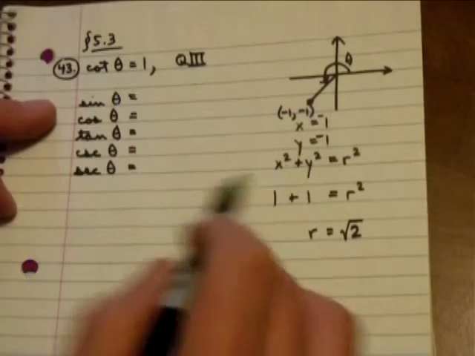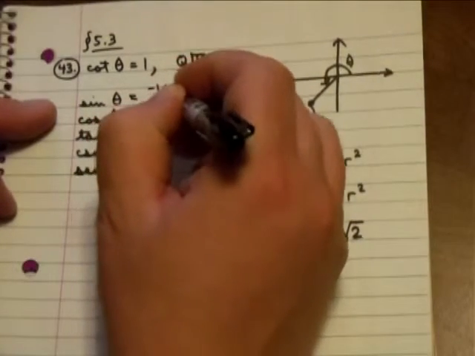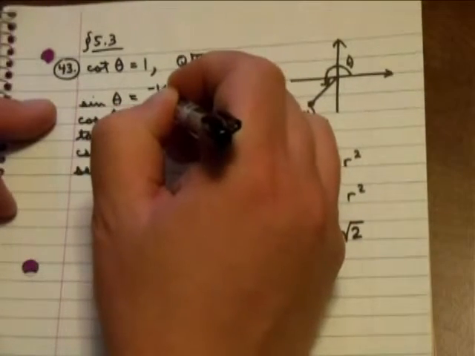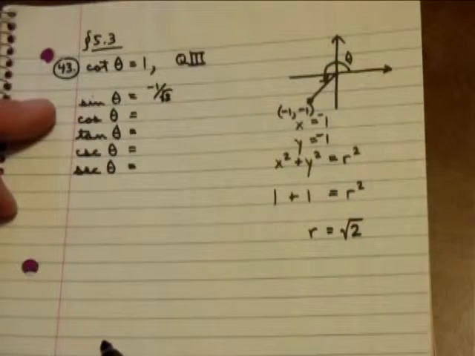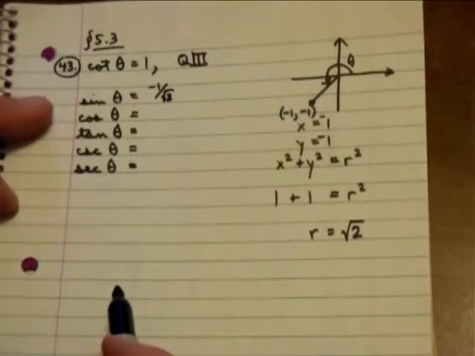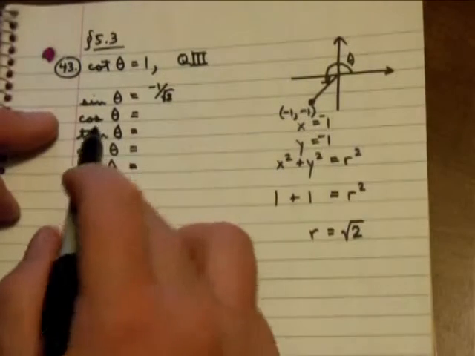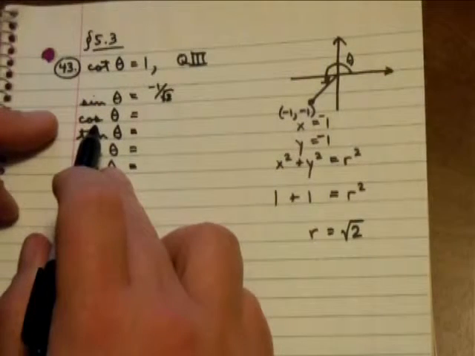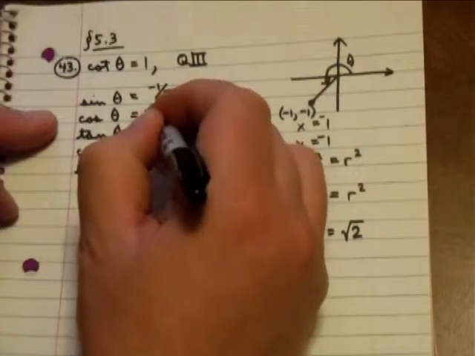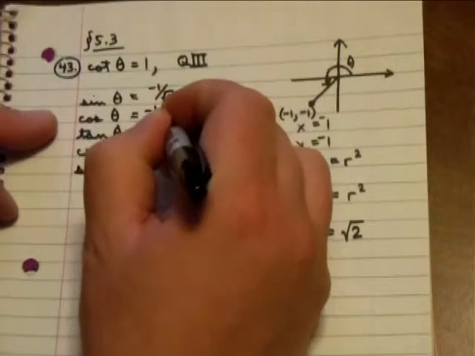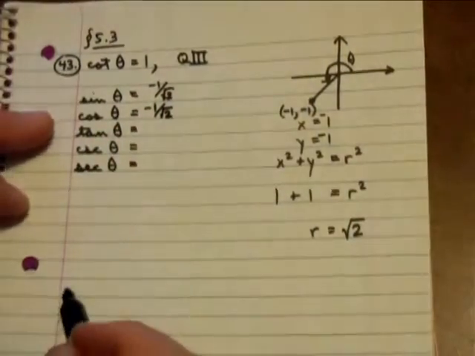Well, the y-coordinate is negative 1, and r is the square root of 2. And again, you might need to rationalize that denominator if your instructor wants you to. Cosine is the x-coordinate over r, so the x-coordinate is negative 1, and r is the square root of 2.